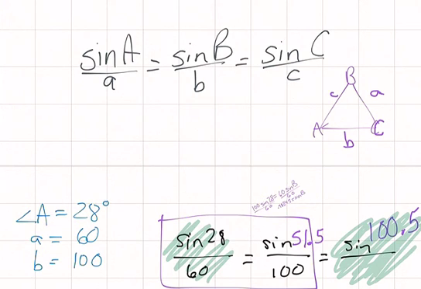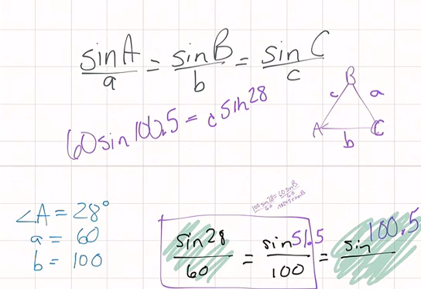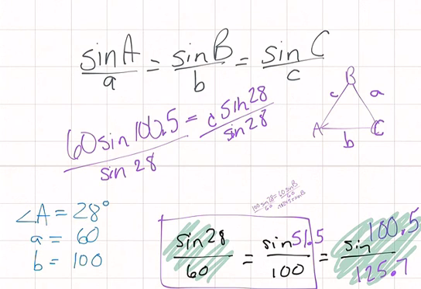So I'm going to take 60 times the sine of 100.5 is equal to side c over the sine of 28, so I'm going to divide by the sine of 28. I won't need to use any arc sines. So 60 sine 100.5 in parentheses divided by the sine of 28, and I'm coming up with 125.66, so 125.7. We're deciding to round to the nearest tenth.